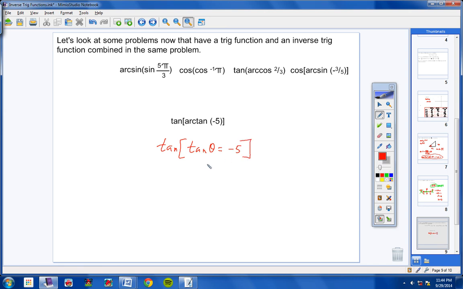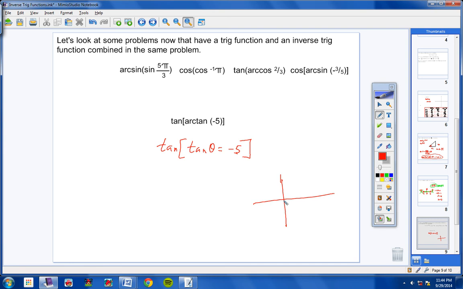Now, think about this for a second, students. Whatever I take the tangent of, I know I'm going to get -5, the tangent of some angle. Now, I'm dealing with negative. That's going to put me over here in this quadrant right here. Remember, tangent is restricted to the first quadrant and the fourth, so tangent of theta equals -5.